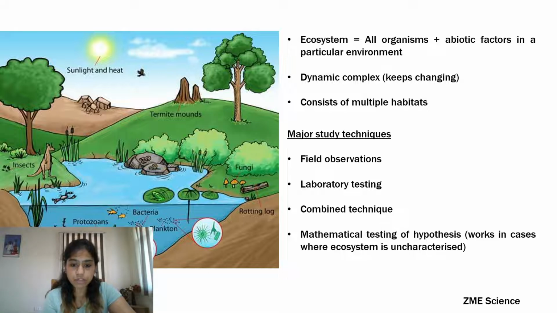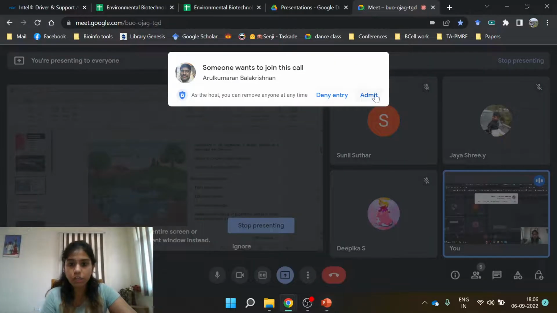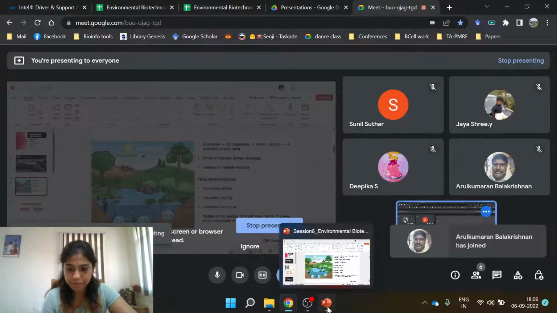This particularly works in the case of ecosystems which are broadly under-characterized or very poorly understood, regions that we do not have much information about from either field observation or laboratory testing. These could be mathematically modeled to predict what kind of diversity, and what extent of diversity, could be supported.